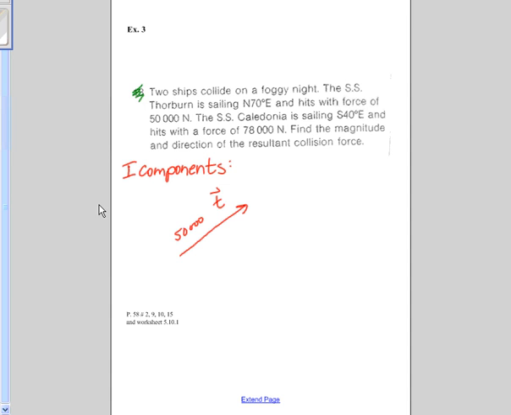Let's draw north, south, east, and west. If he turns 70 degrees towards the east, that means there's 30 degrees here. Okay, so I have an idea what the Thorburn is doing.